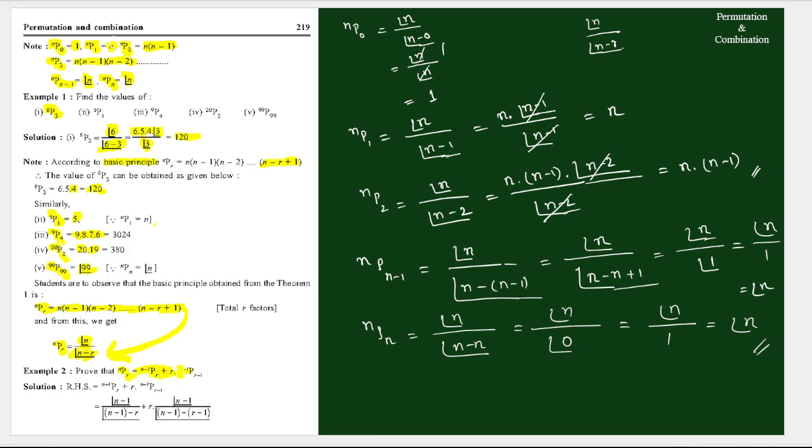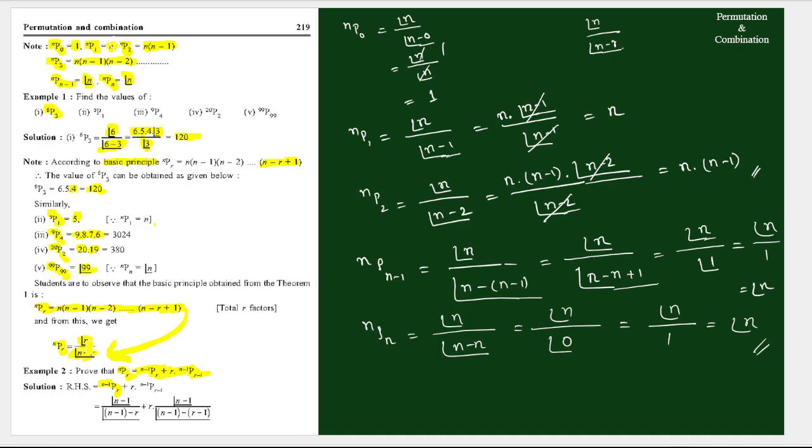Okay. So nPr is equal to n minus 1 Pr plus r into n minus 1 P r minus 1. ठीक है. So let's go on our right hand side. So n minus 1 Pr.